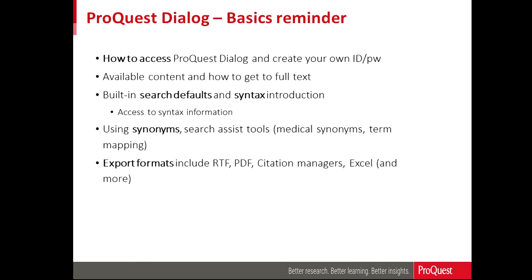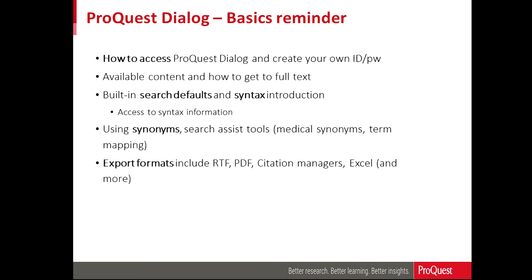And term mapping, which is when you're in either Embase or Medline, gives you an opportunity to see the preferred term for a particular topic in that database, and then using that preferred term, you'll be able to automatically retrieve documents that are specific to your topic and not have to include so many synonyms.